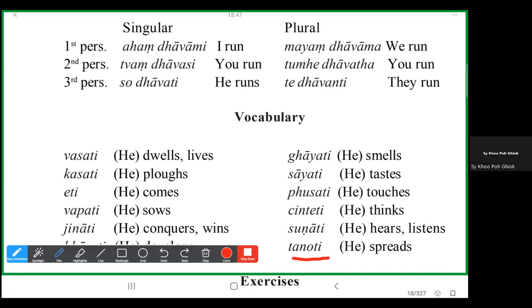Yes, Sally, I can try this one. Can you say your name, please? Sally. So tanoti, te tanonti, tuam tanosi, tumhe tanota, aham tanomi, mayam tanoma. Okay, good.